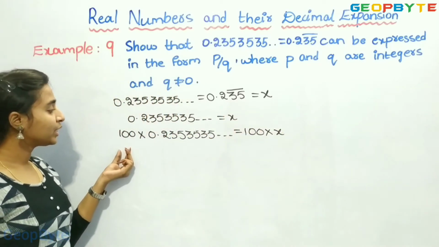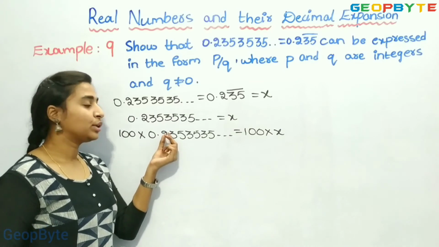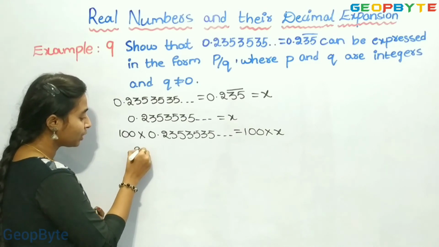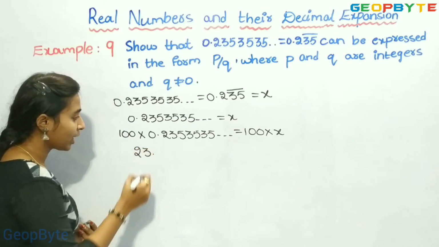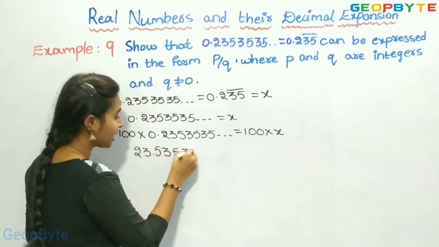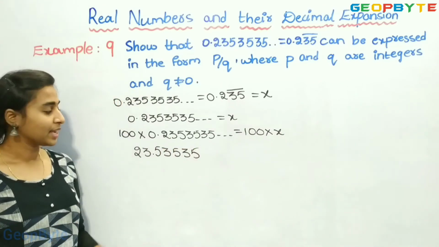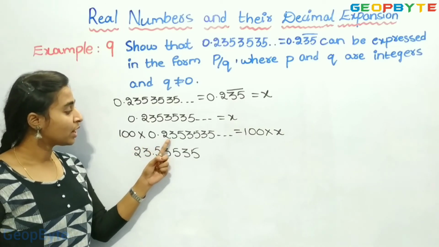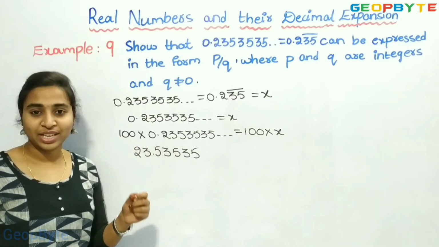Now, 100 into 0.2353535 gives you 23.53535. See, as we have 2 zeros in 100, the point moves 2 digits towards the left side.